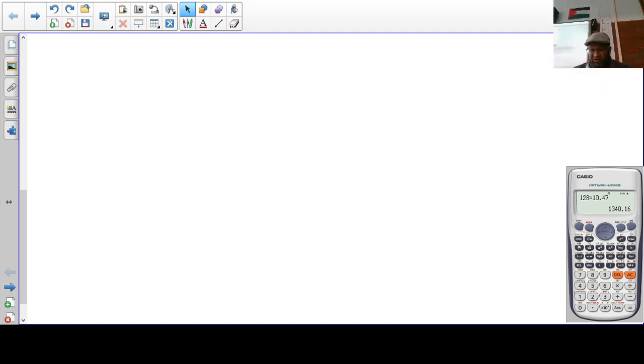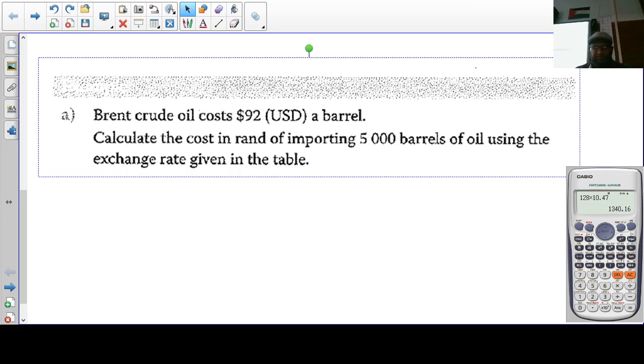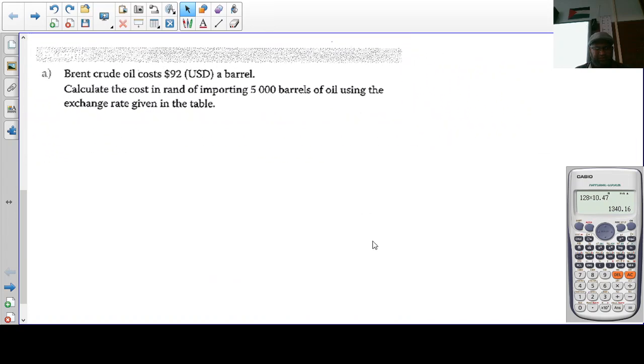Okay, let's look at the next example. Example 2. Which page is this example on? 277.